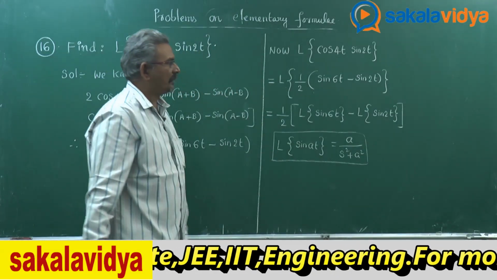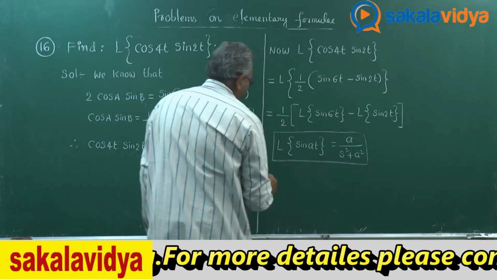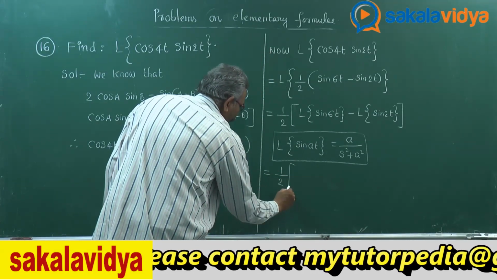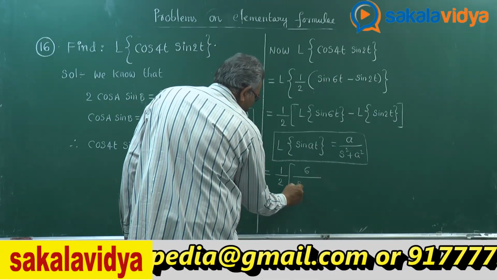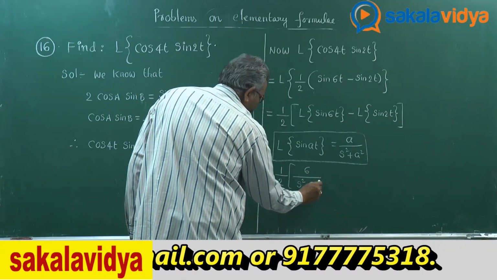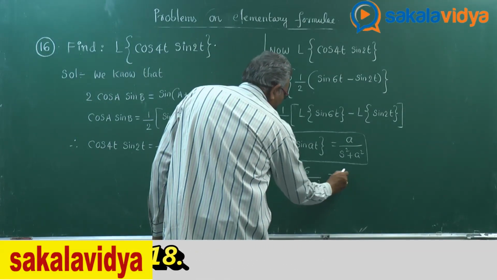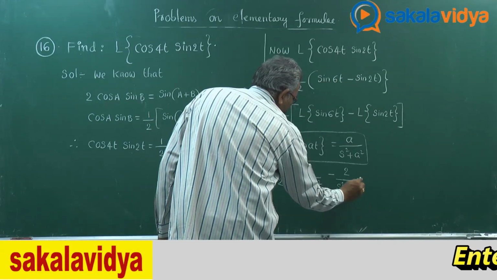With the help of this formula, these two values can be written as half times 6 divided by s square plus 6 square, minus 2 divided by s square plus 2 square.